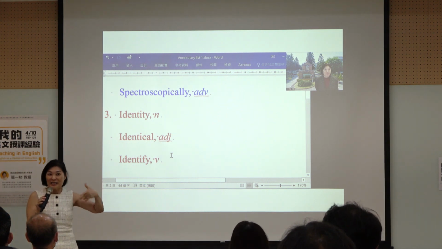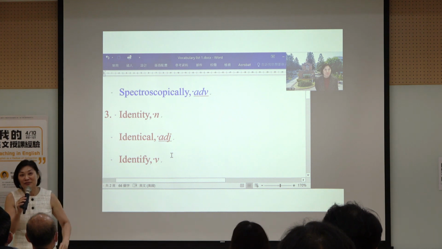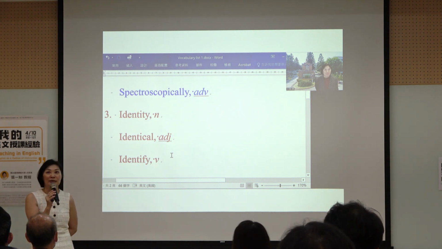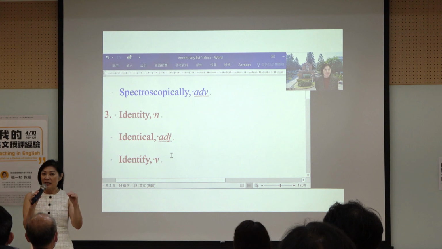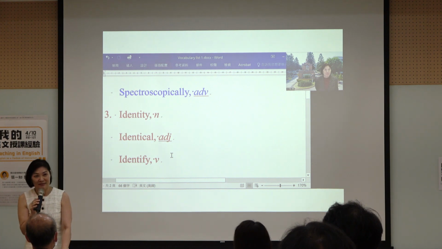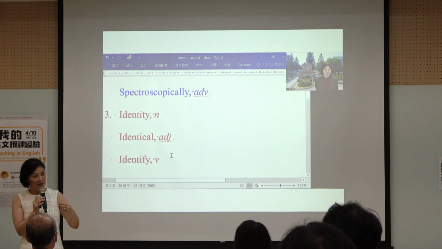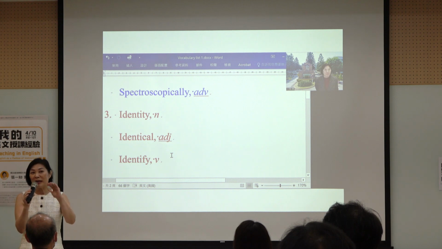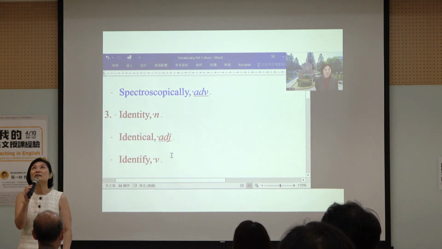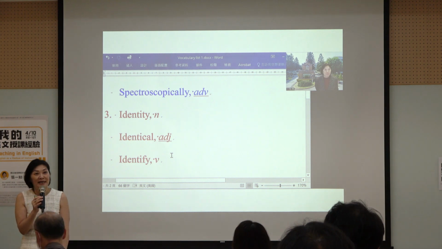But in the certificate course I have taken, they said that we should never translate. If you translate, the students will always expect you to translate. So when you say it in English and then translate to Chinese, they will never listen to the English. They will just wait until the Chinese comes up.